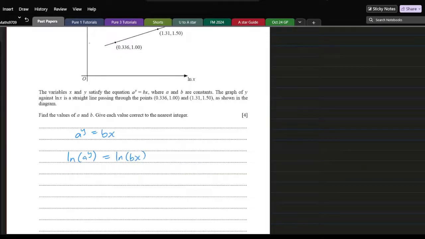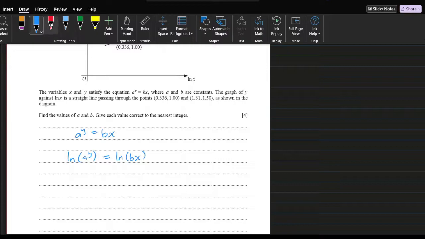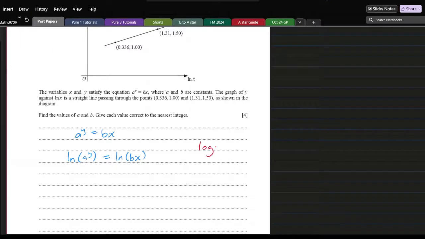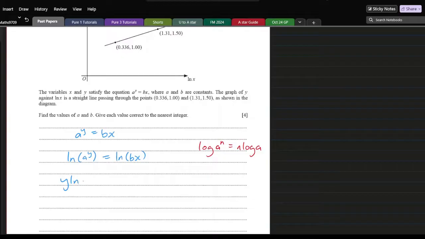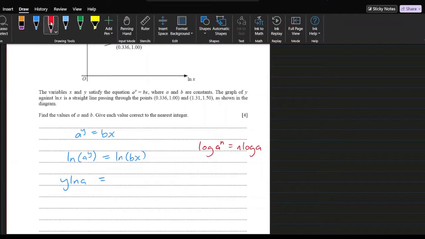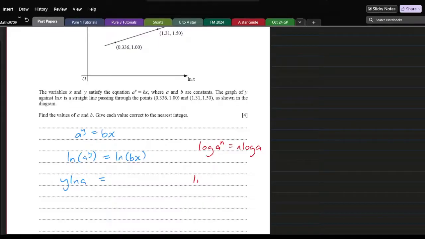And then on the left hand side, we are going to use the law of logarithms that says log a to the n is equal to n log a. So that means what we end up with here is y ln a, and then on the right hand side we can use the law of logarithms that says ln a plus ln b is equal to ln ab.